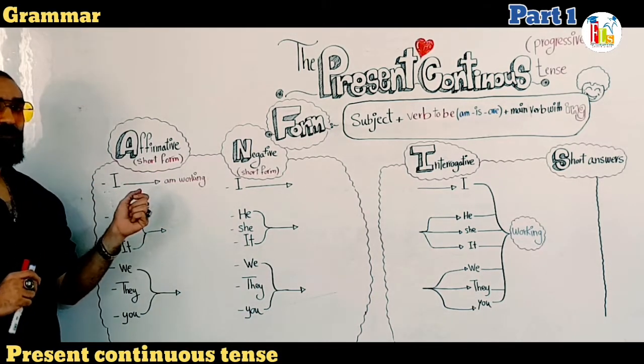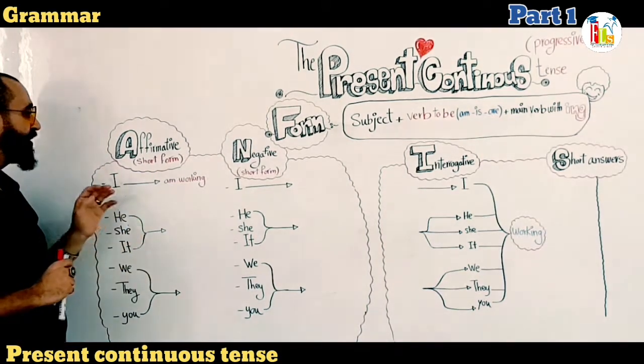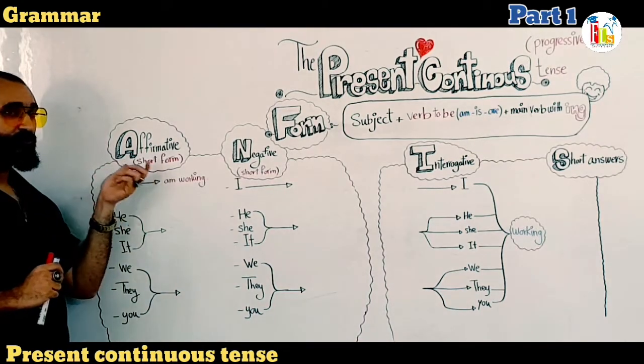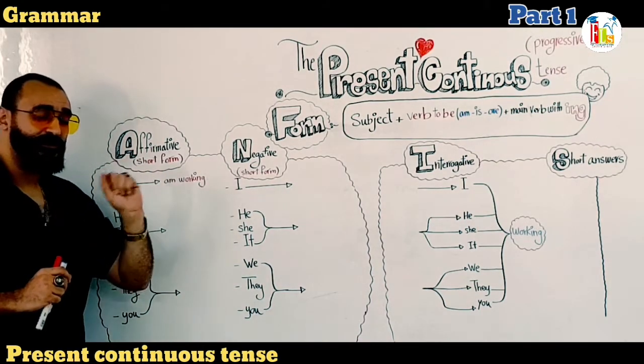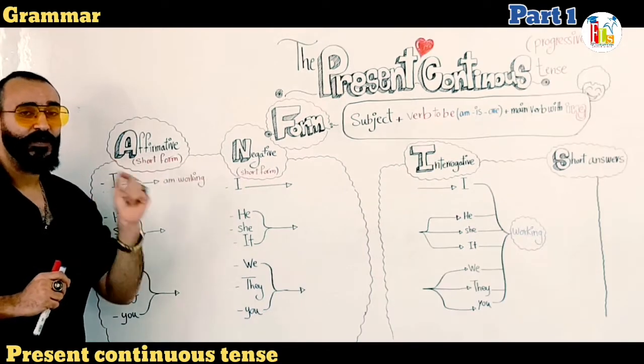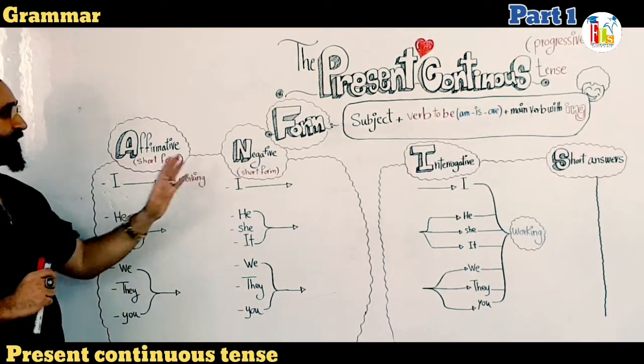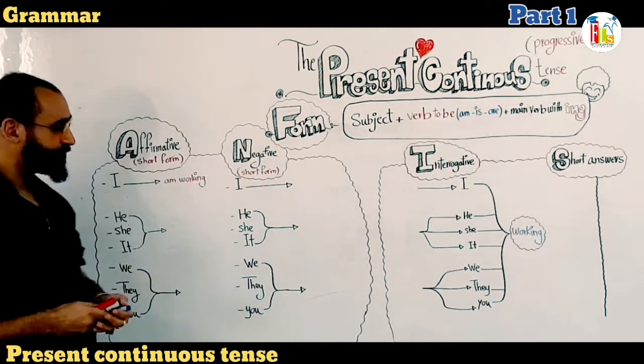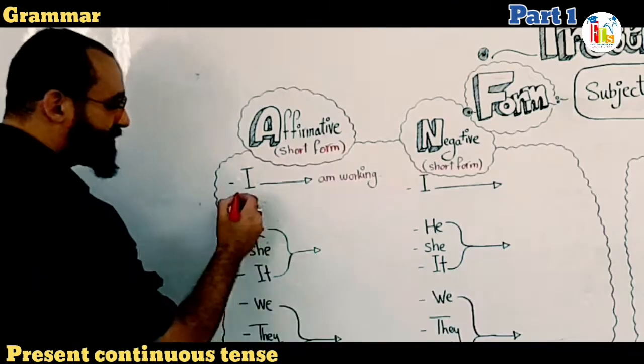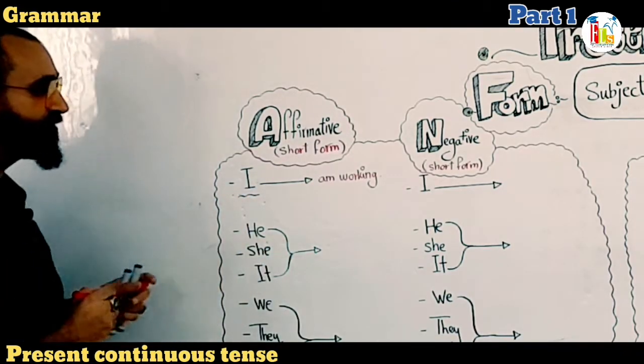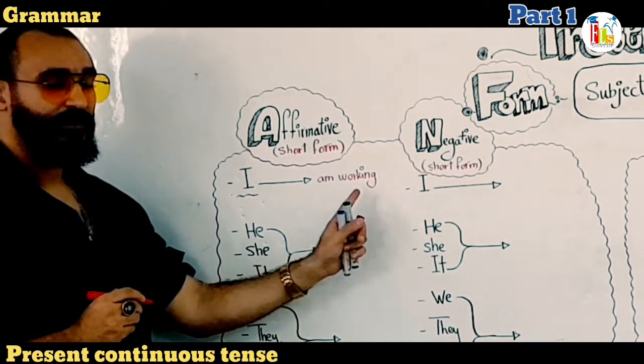How can we use the present continuous tense? For the affirmative form, we will use the short form, and I will tell you what's the difference between the long form and the short form as well, and the negative form. So, as you can see here, I am working.